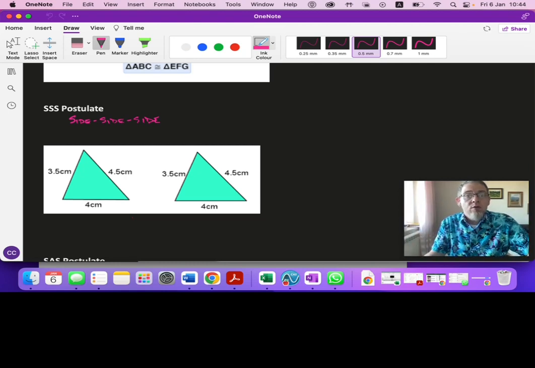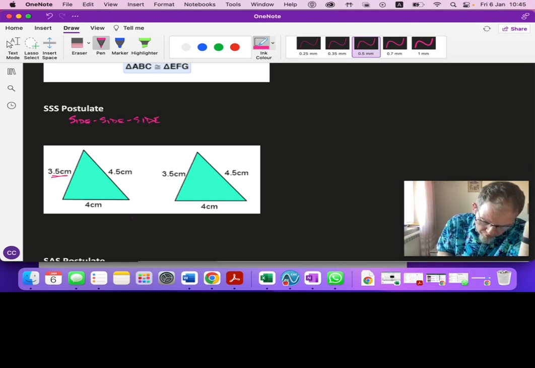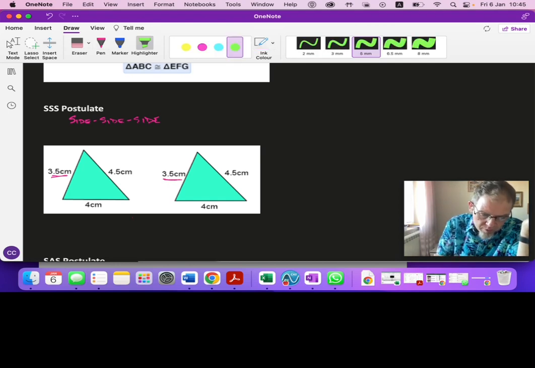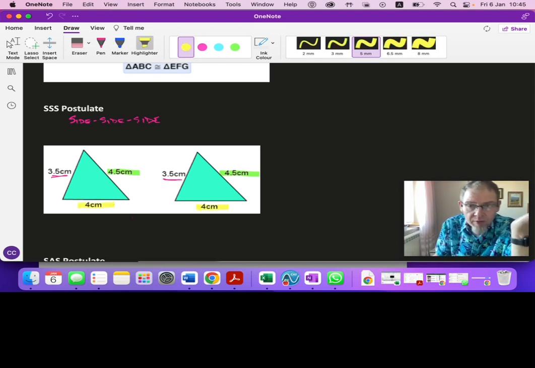It's congruent. So anytime we see that all three sides are the same length, because that's what it means for a side to be congruent, it has to be the same length, the triangles are congruent. So we know that this one's congruent. We can see that 4.5 and 4.5 match, and we can also see that 4 and 4 are the same.